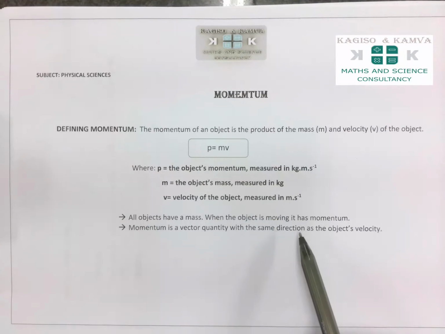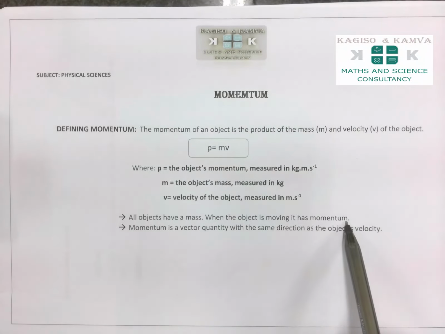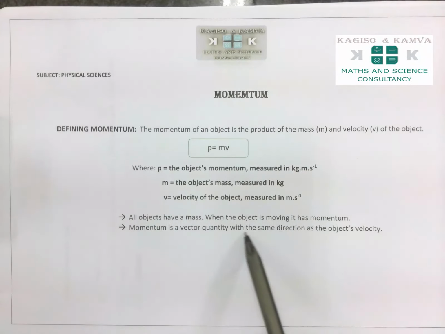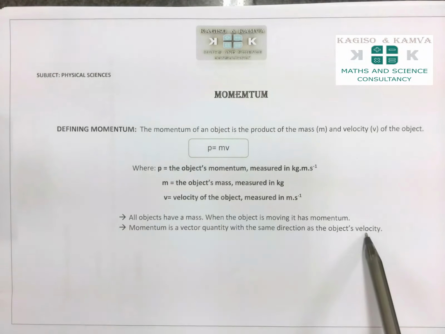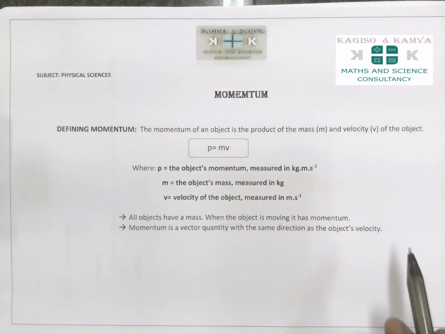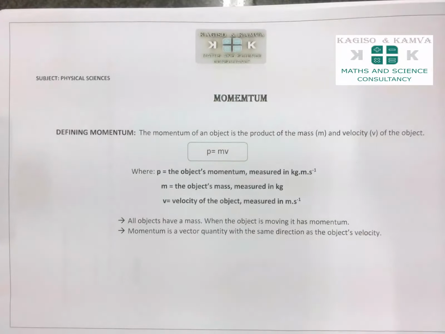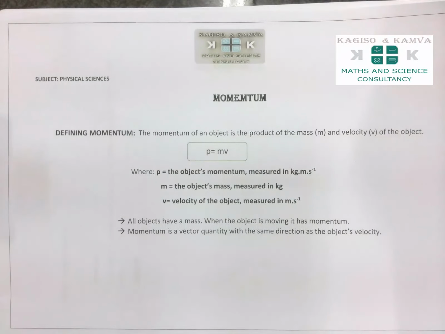So when we have a moving object, that object has momentum. Momentum is a vector quantity with the same direction as the object's velocity. So every time we write the magnitude of momentum, we also have to indicate the direction, since momentum is a vector quantity.